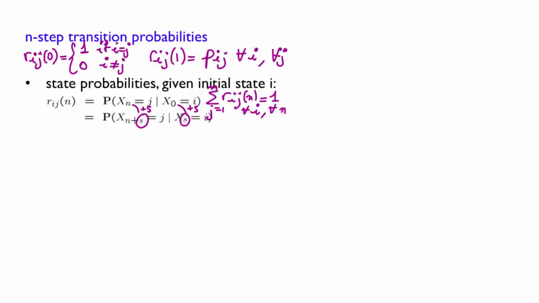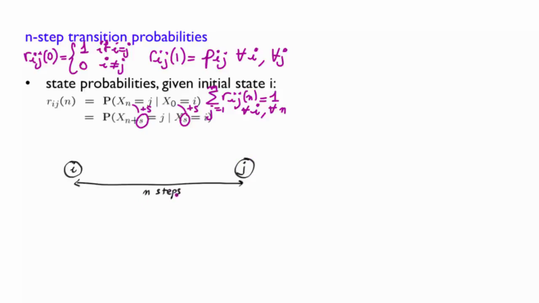Now let us calculate r_ij(n) for n greater than or equal to 2. We are going to apply the total probability theorem and break up the calculation of that quantity by considering the different ways that the event of interest can happen. Again, the event of interest is to go from state i to state j in n time steps.